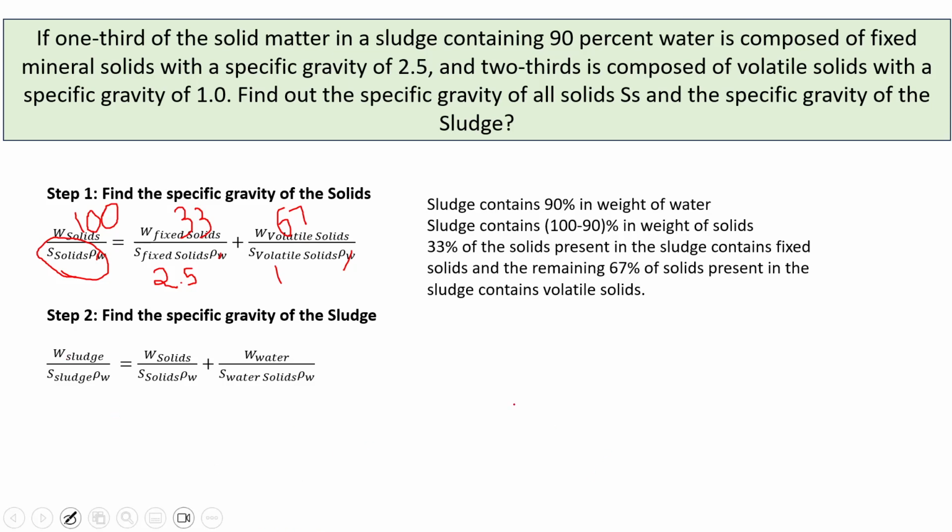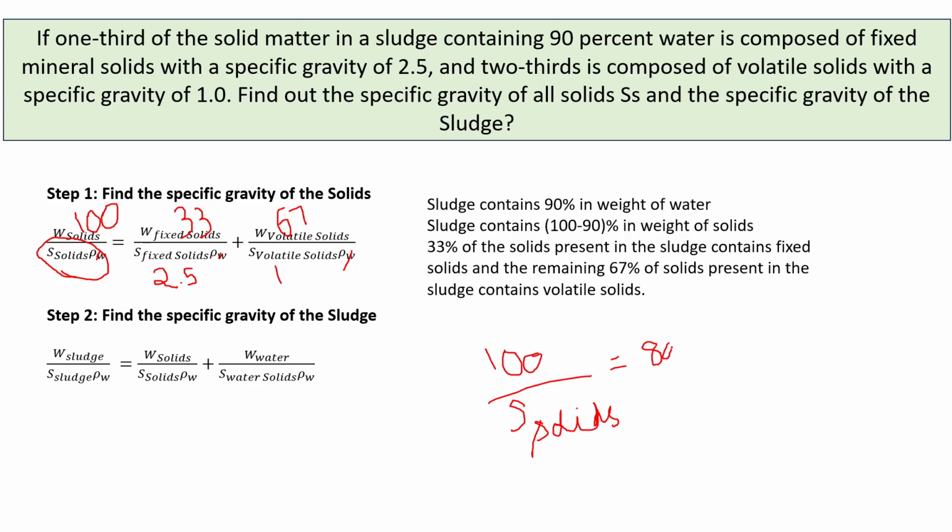So now, wait, I will write it down. So for this, 100 divided by specific gravity of solids is equal to 80.2.